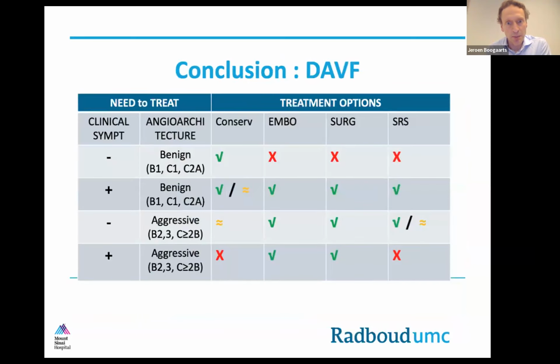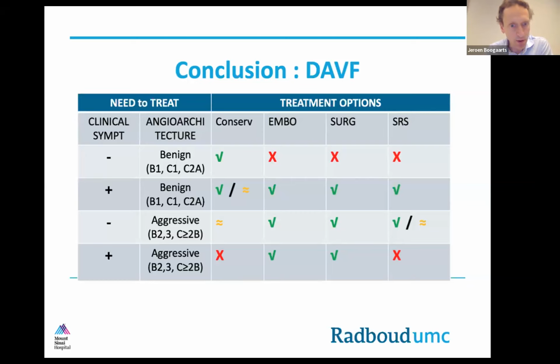So this is a little bit like the overview of the dural arteriovenous fistulas. Depending on the clinical symptomatology and the angioarchitecture, the treatment should be conservative, embolization, surgical, or stereotactic radiosurgery. This is kind of our workflow for those cases, but there could be others.